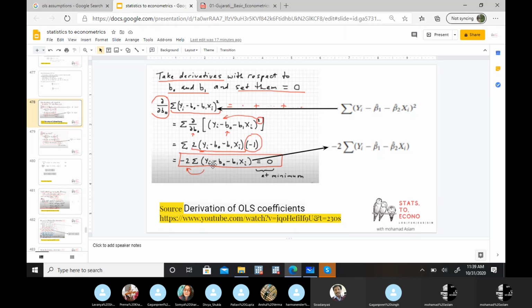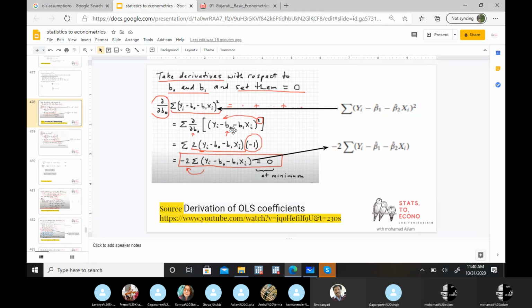And you will find the answer to why in OLS it needs to be linear: if you go with any other form, you will face difficulty in the derivation of this particular equation where we are trying to minimize the summation of u hat square. Here you will find a difficulty, and this assumption is about this crucial problem. It's not about the straight regression line, it's about this derivation.